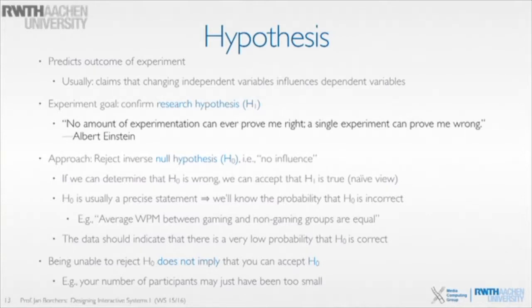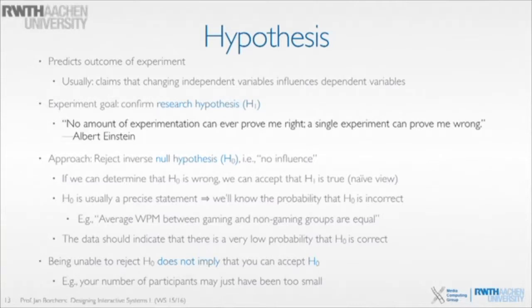Now here's something weird. Your goal is to reject the null hypothesis, right? If you don't manage to reject your null hypothesis, however, it doesn't mean that you can accept the null hypothesis. Why? We've got this gaming, non-gaming group here. Let's say you just do your study with 2 people, and you can't show this effect.